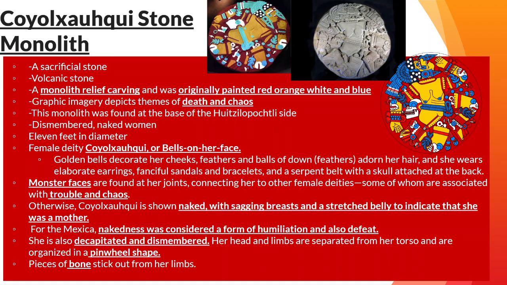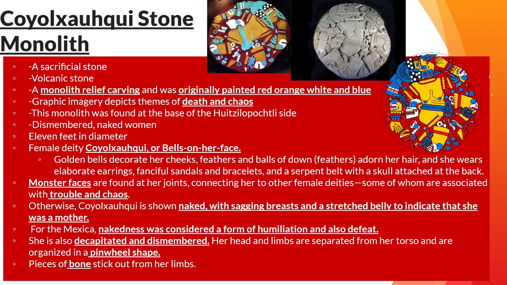She has her breasts out, her body is on display because she has been killed and dismembered and basically thrown off a mountain to be splayed on the ground flat in this pinwheel type shape to create this sense of movement. It is meant to remind people that Huitzilopochtli is not meant to be messed with because they did this to Coilcoxi.